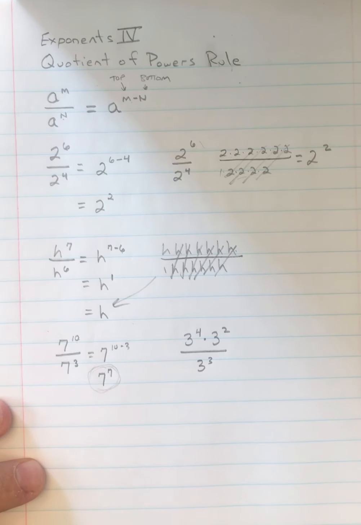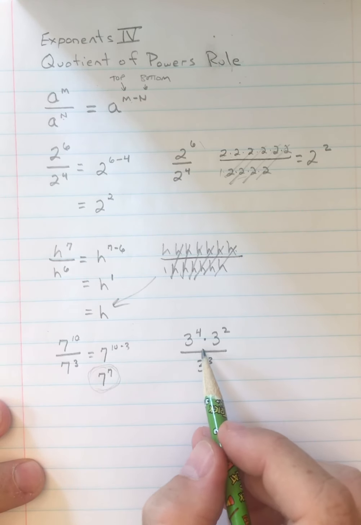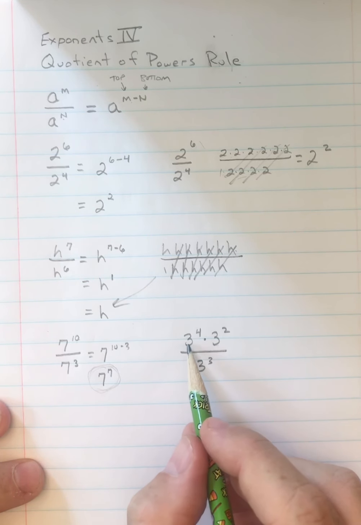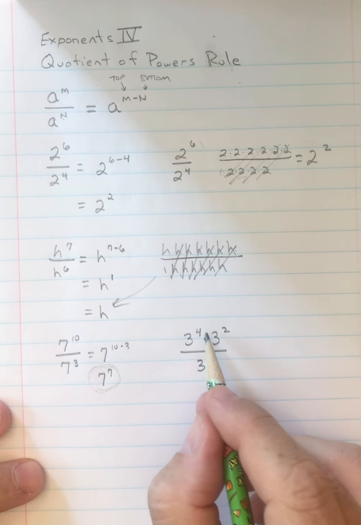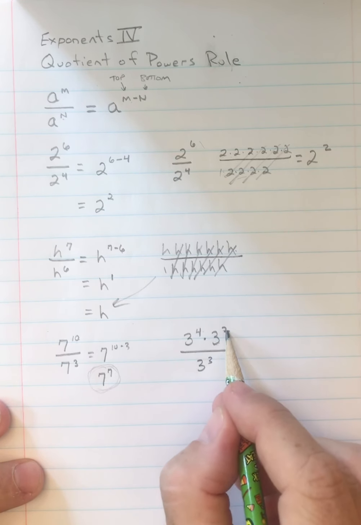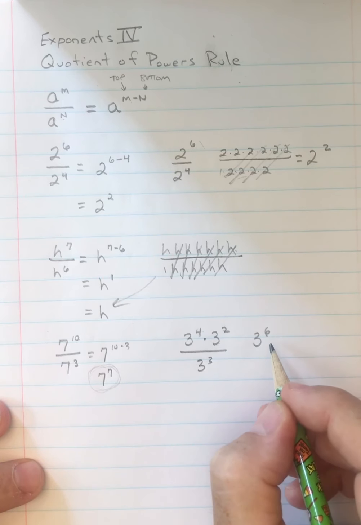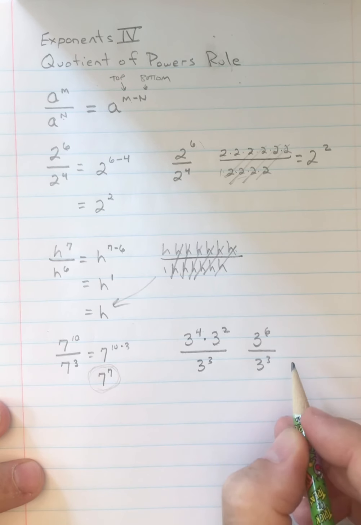This is the product of powers rule up here. Recalling from the first day of exponents, I keep the base and add these two exponents. So this is going to be 3 to the 6th, that's 4 plus 2, over 3 to the 3rd.